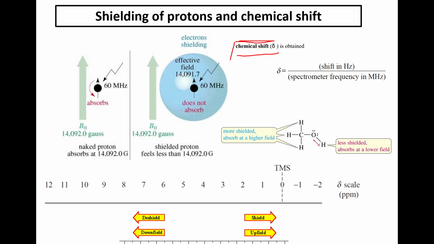So if you consider this molecule, and there are two protons, one attached to an oxygen and another attached to a carbon. You can see that all these are protons, but they are chemically very different from one another. How? Because oxygen is a more electronegative element, and it will draw more electrons towards itself.